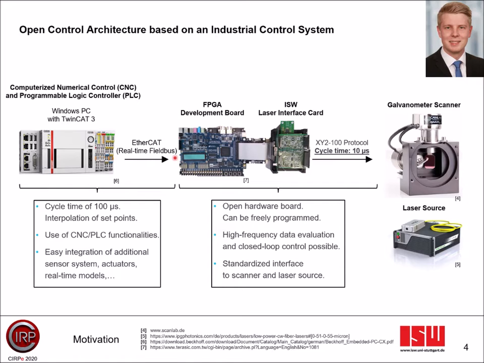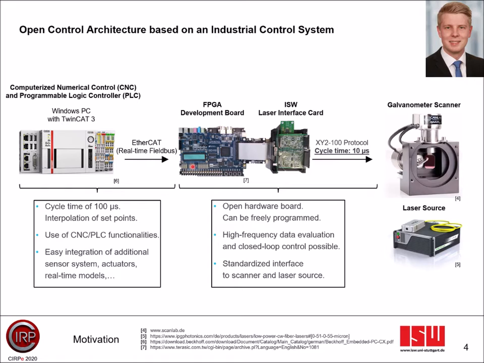The main task of the higher level control is running in a cycle time of 100 microseconds, generating the trajectory and commands for the scanner and laser source. Due to the slower cycle time, the generated set points have to be interpolated. By doing so, every 100 microseconds, a package containing the set points is generated and transferred to the FPGA.